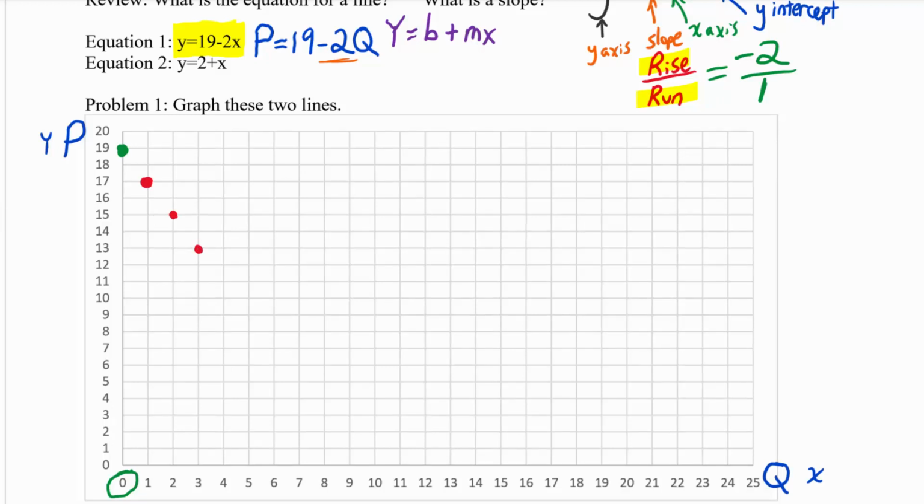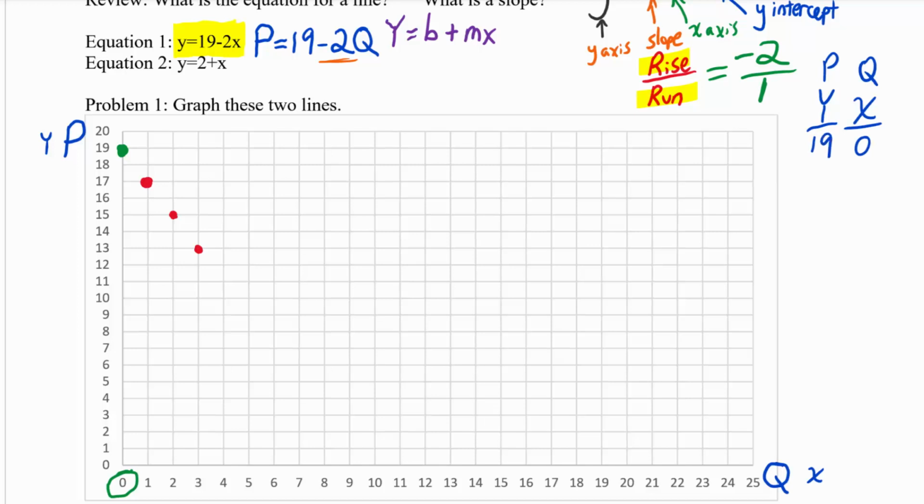Or some people are more comfortable making a little table to graph. That's fine. We could say, here are some y values, here are some x values, or here are some p's, here are some q's. We already saw that if x is 0 or q is 0, price is 19. We could plug in some other values.